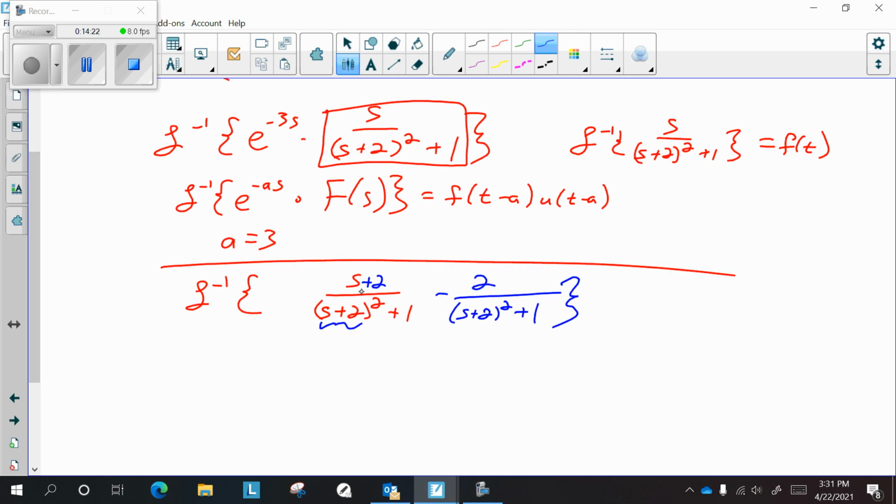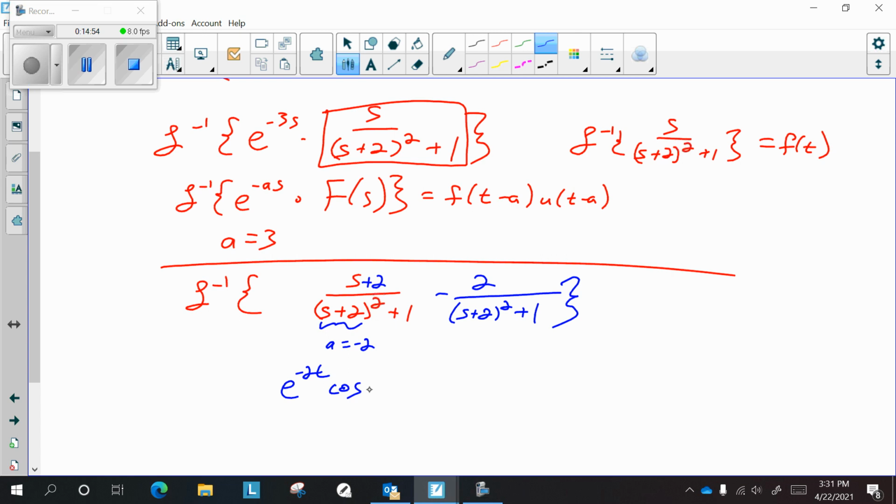So this first term, when we do the inverse Laplace of that, in the table, in this case, this is a different a, but this a is negative 2. When we have s minus a on top and s minus a squared plus b squared on bottom, then that transforms into e to the at cosine of bt.